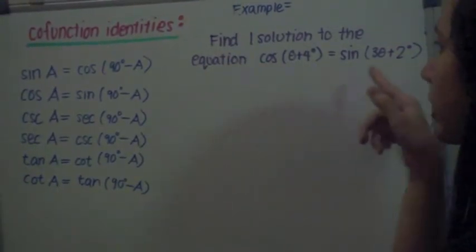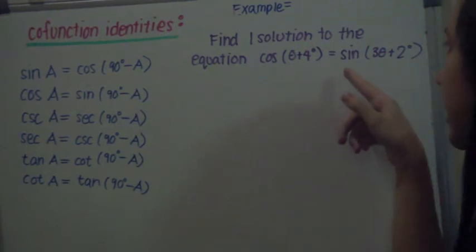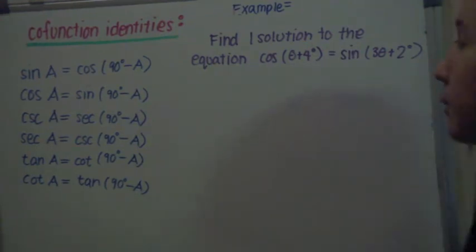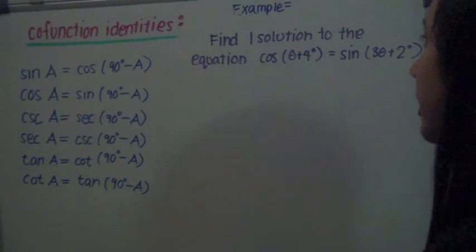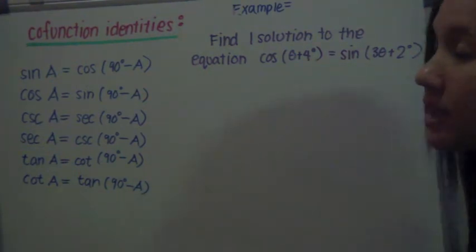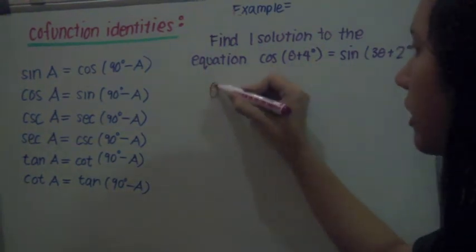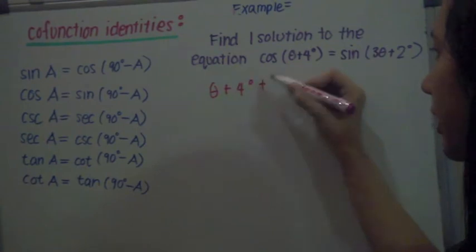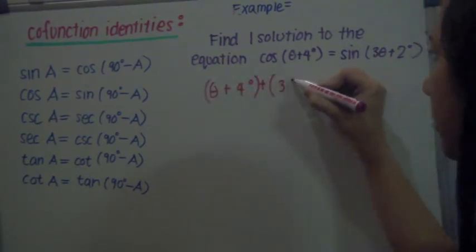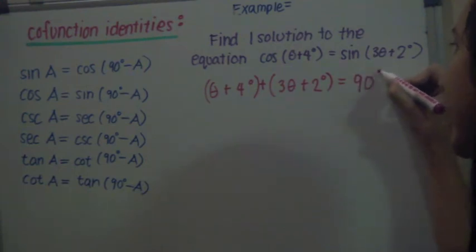Find one solution to the equation cosine (theta plus 4 degrees) is equal to sine (3 theta plus 2 degrees). So since sine and cosine are cofunctions, the sum of their angles is equal to 90 degrees. Therefore, theta plus 4 degrees plus 3 theta plus 2 degrees is equal to 90 degrees.